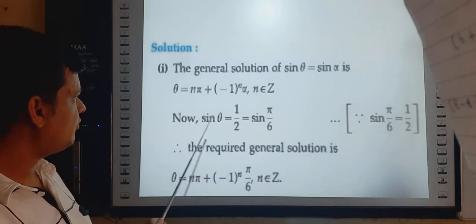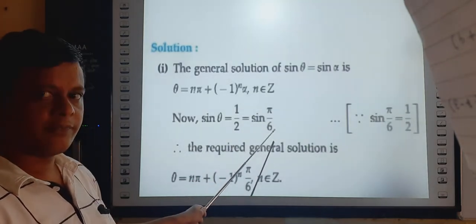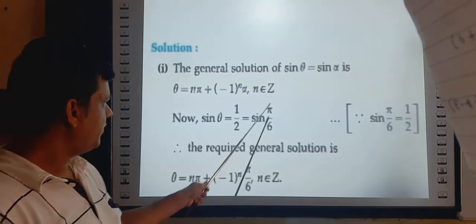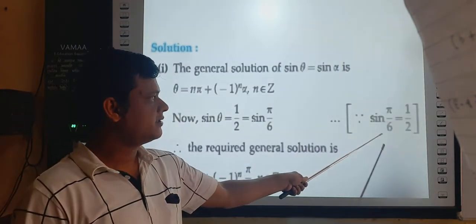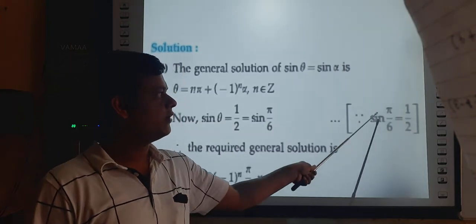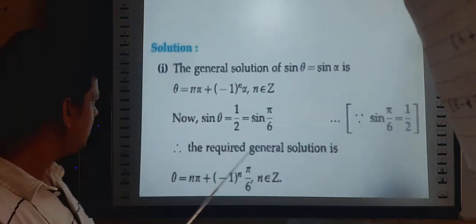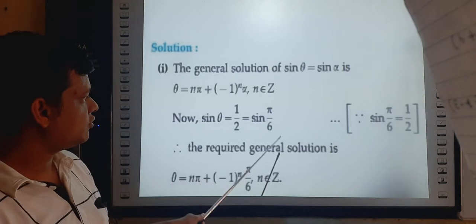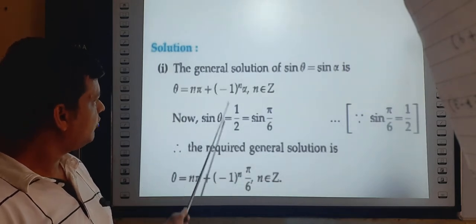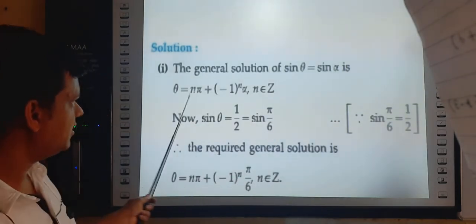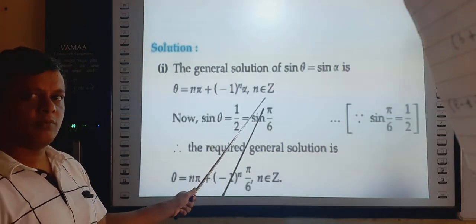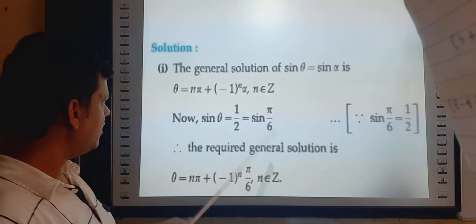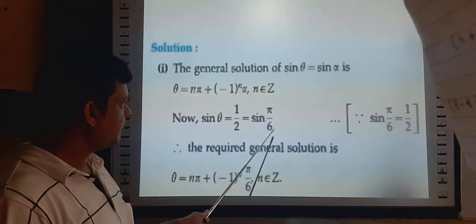Now this is of the form sin theta equals sin alpha, here alpha is pi by 6. Therefore for sin theta equals sin alpha, the general solution is theta equals n pi plus minus 1 raised to the power n into alpha, n belongs to Z. Here in place of alpha we have to replace pi by 6.